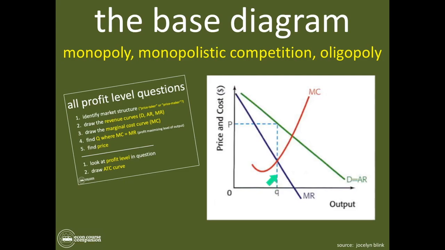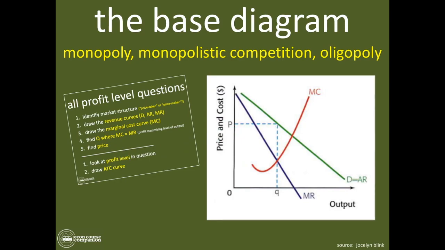So you take this profit maximizing level of output, and you extend it up to price. That's number 5 over here, price. And then you go over here, and then you're done. You got the base diagram.